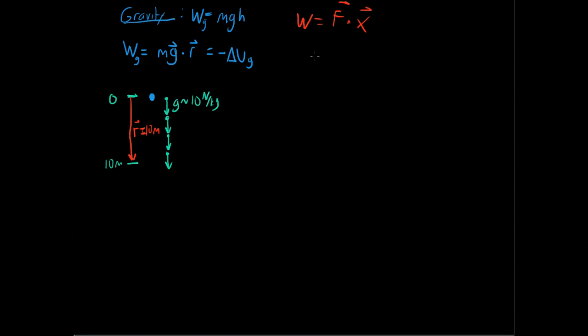And one of the important things here is that I can clarify this a little bit. This m is the property of a particle or a body, an object, responsive to gravity.